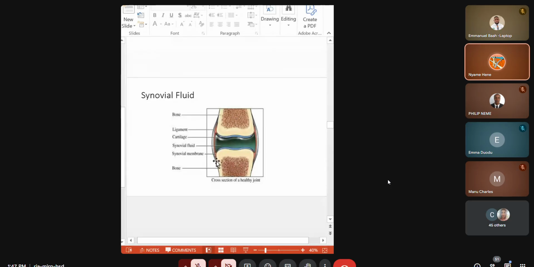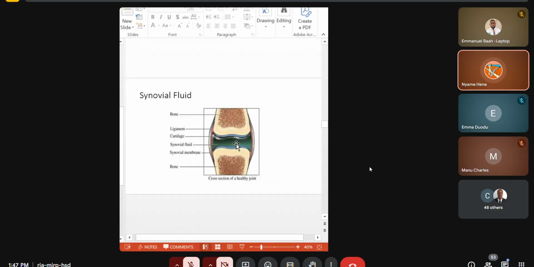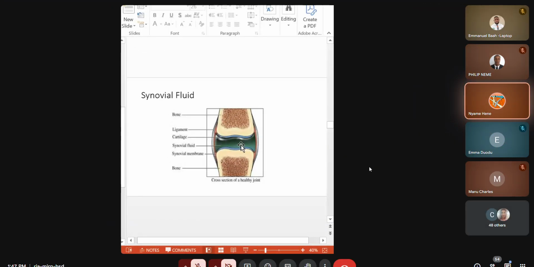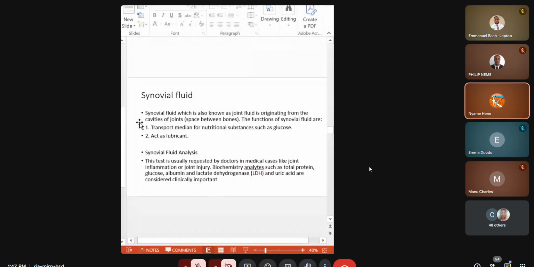Do you understand? So they are very, very important fluids in the body. Cerebrospinal fluid, you cannot do without it. You cannot do without cerebrospinal fluid in your body. You cannot do without synovial fluid in your body. So it becomes very imperative for us to know about them.